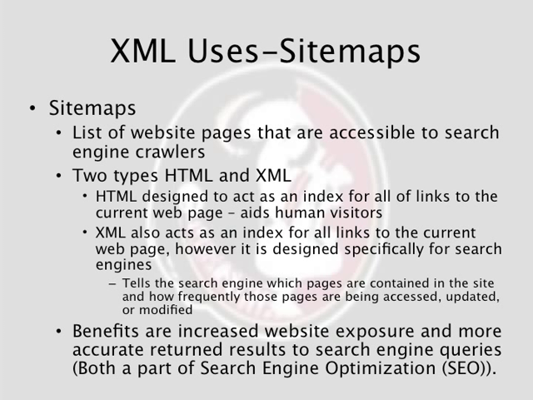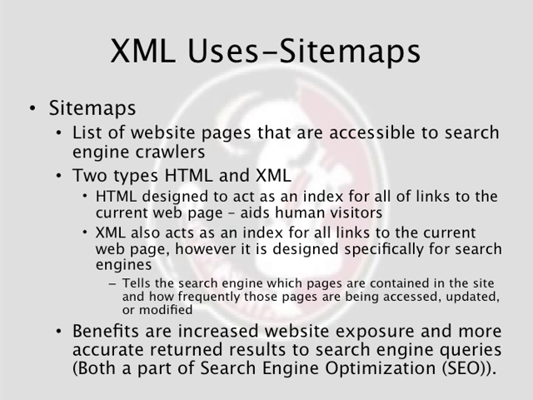So a couple of uses for XML. Sitemaps. A sitemap is a list of website pages that are accessible to search engine crawlers. There are two types. An HTML sitemap is designed to act as an index for all links to the current web page. Basically, it helps human visitors to that web page.